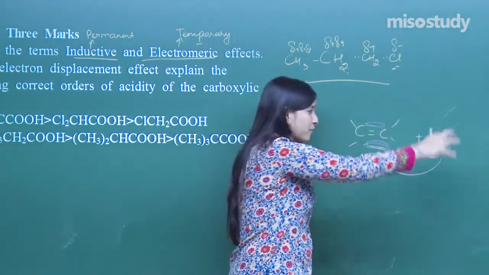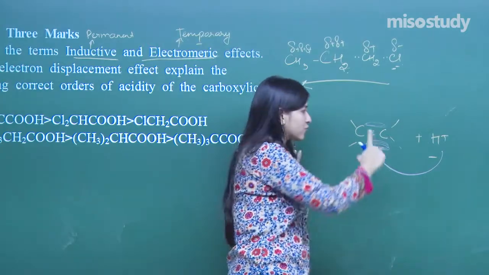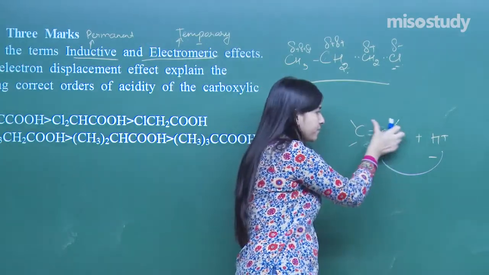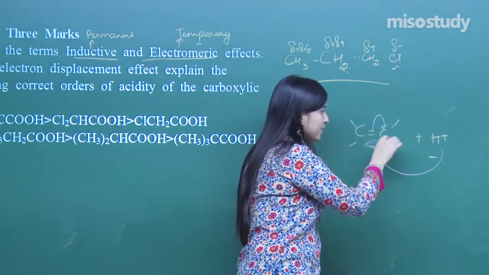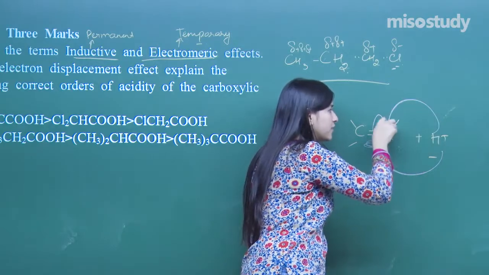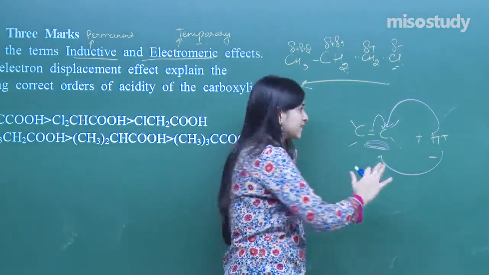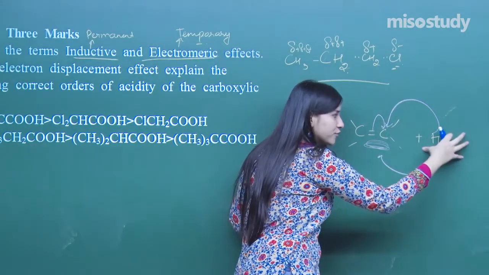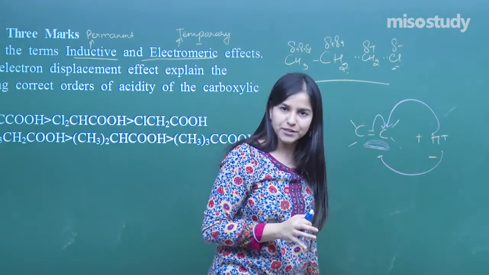Now, when the species approaches this alkene, there will be the shifting of these pi electrons to any one of the carbons, right. Let us say here. So, what will happen? The carbon having negative charge will be attacked by the H positive. So, basically earlier there was no effect. When I introduce the species, there is shifting of the pi electrons, right.